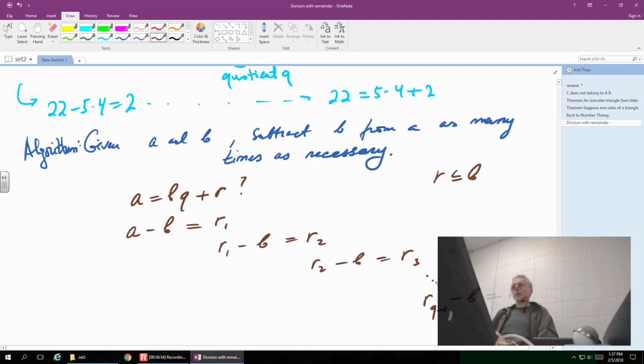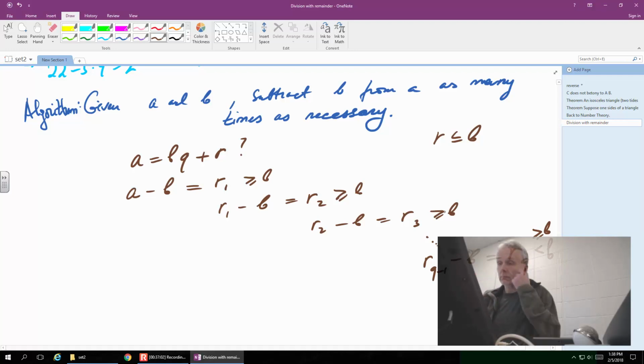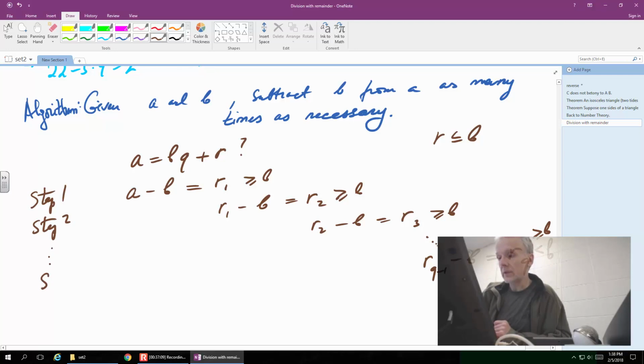So you see it's the same process, subtracting b as many times as necessary until this number is strictly less than b. In the meantime, the previous one was larger than or equal to b. Every time you're subtracting, it is still larger than or equal to b, and then at some point it is less than b, and then we stop. So then step 1, step 2, step q.